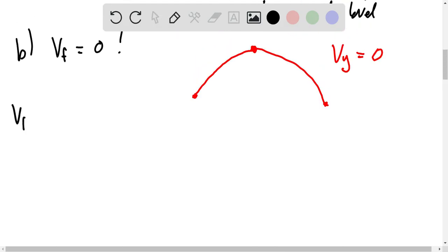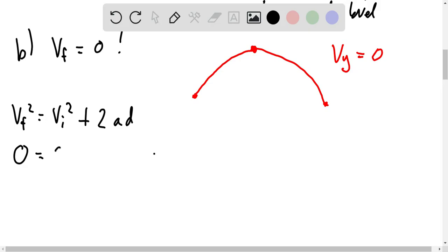We have VF squared equals VI squared plus 2AD. And once again, we say that VF will be 0 at its maximum height.